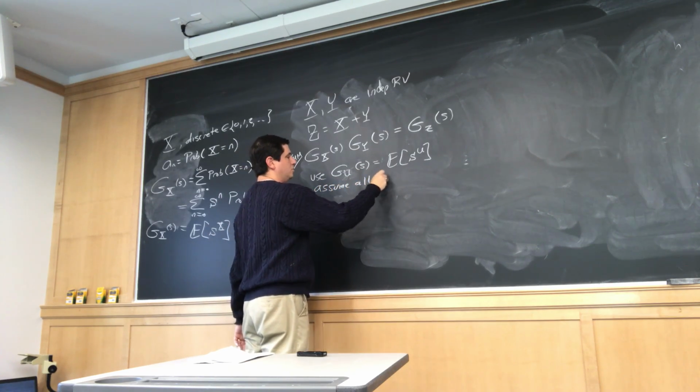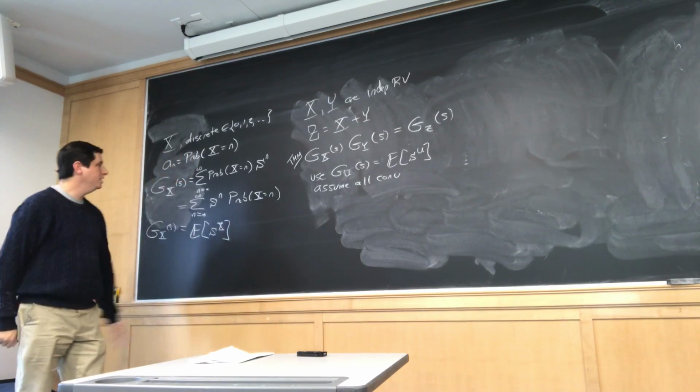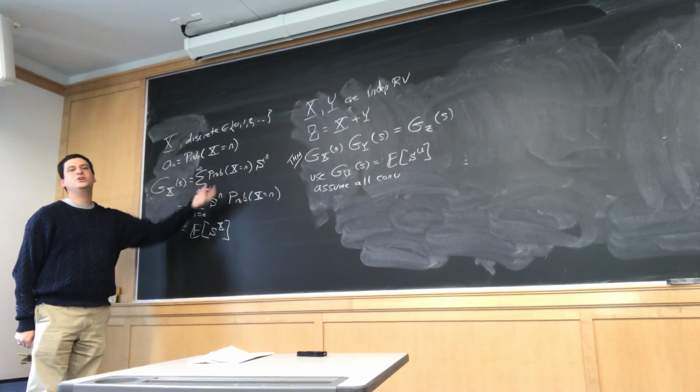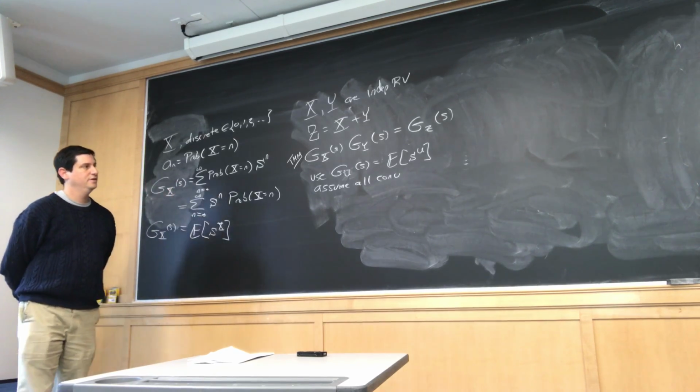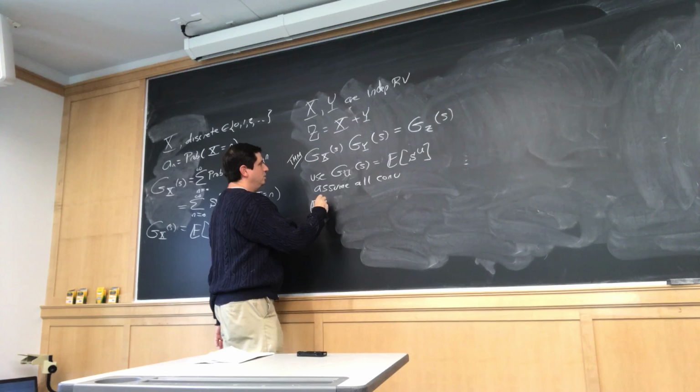Assume all converge. Now, there's a lot of ways to prove this. One, especially if we're in a case like this, we can just expand everything out, and we'll see the convolution coming in. But there's a much nicer way. Let's look at the expected value.